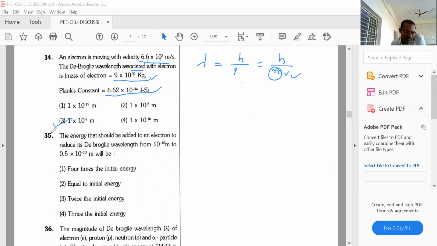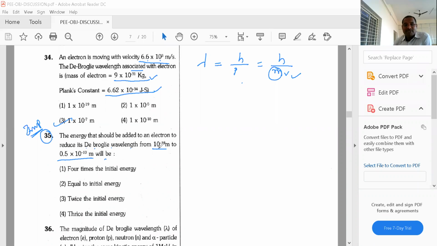Next, question number 35 is a very important question. Concept you need to remember. The energy that should be added to the electron to reduce its de Broglie wavelength from 10 to the power of minus 10 meters to 0.5 into 10 to the power of minus 10 meters will be.